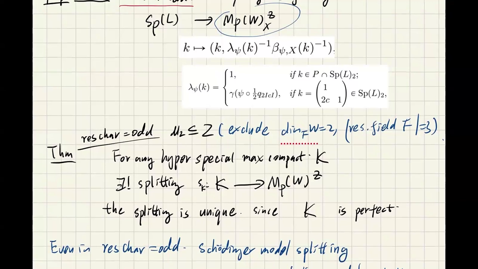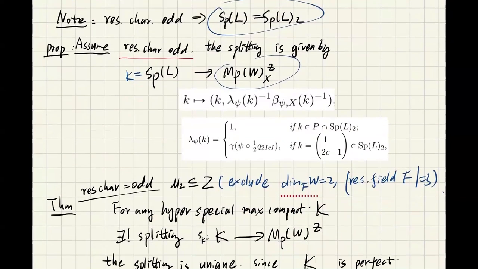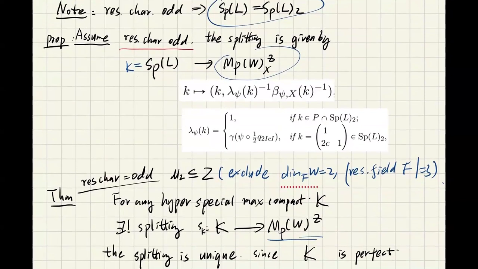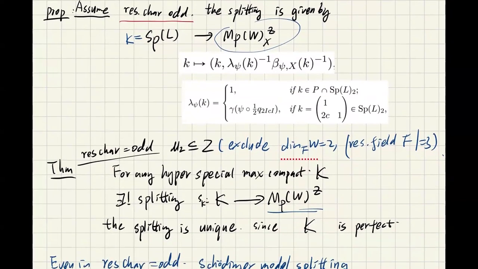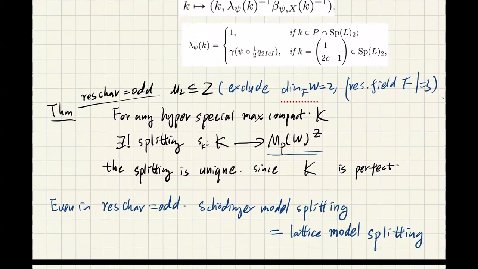Except for this case, you will have a unique splitting from K to the metaplectic group, again because of the perfect group property; the splitting is unique.